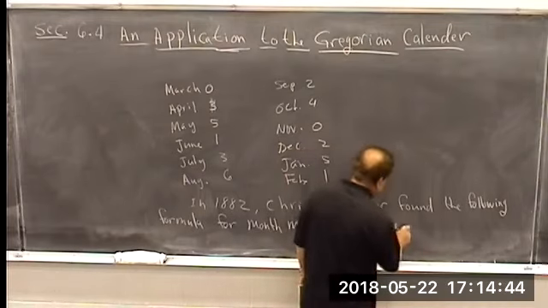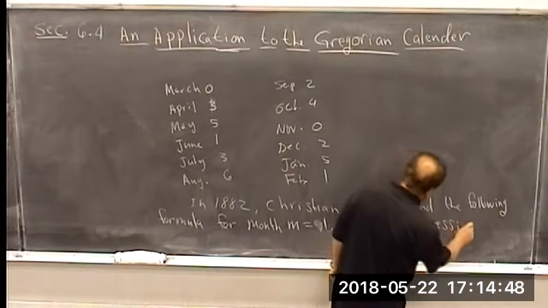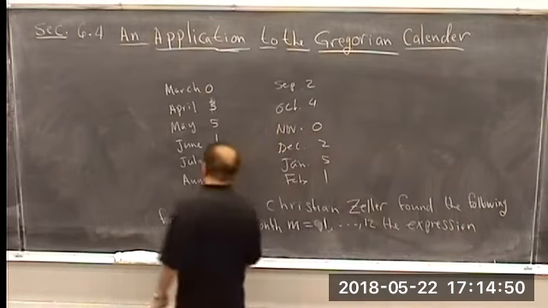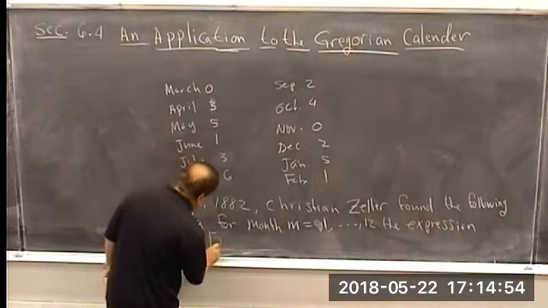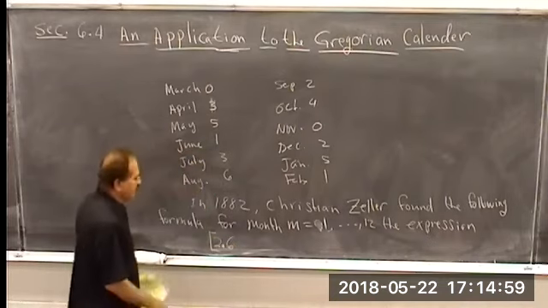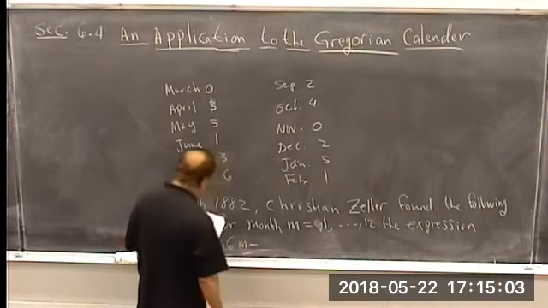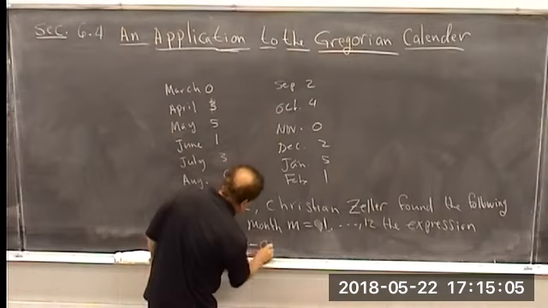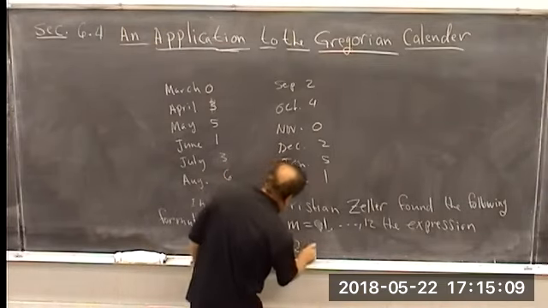The expression that gives these values looks like people think it was done by trial and error: the floor of 2.6m minus 0.2, minus 2, mod 7.